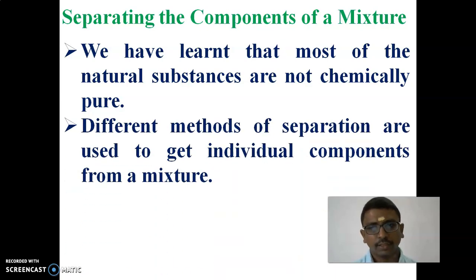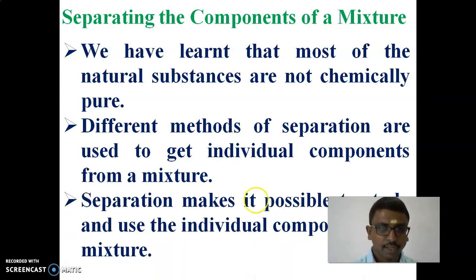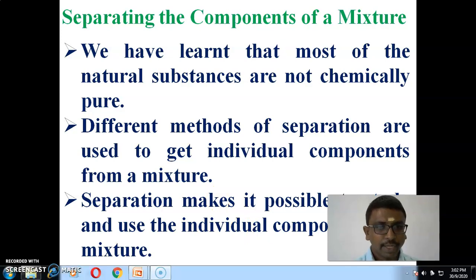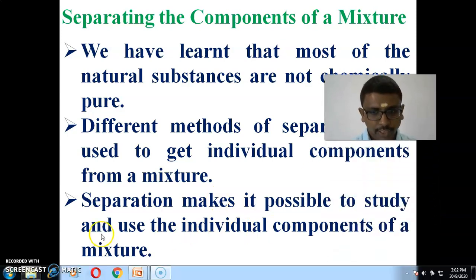So for that, different methods of separation are used to get individual components from a mixture. There are various methods that can be used. Separation makes it possible to study and use the individual components of the mixture.